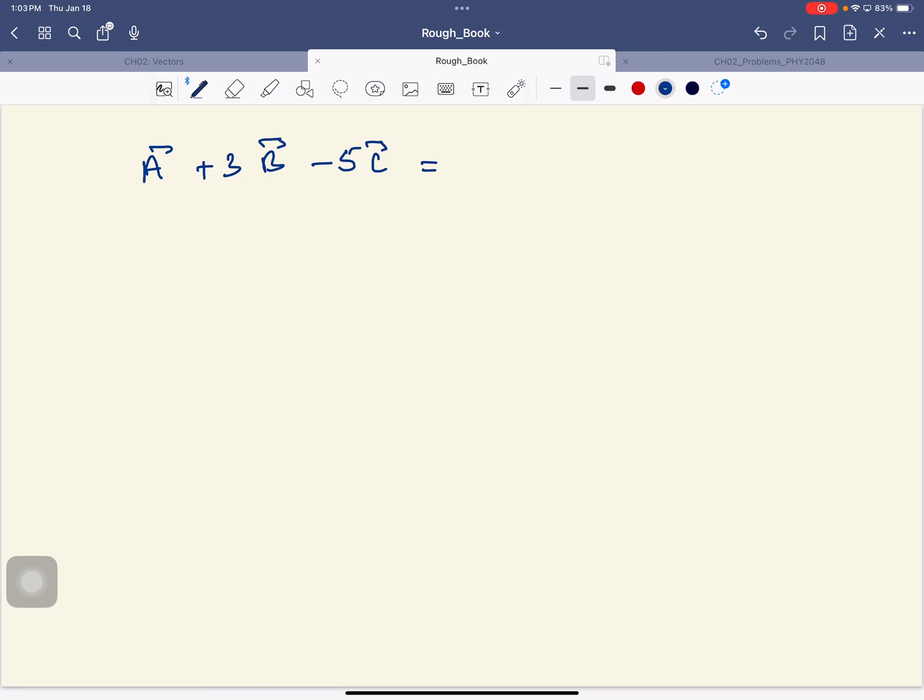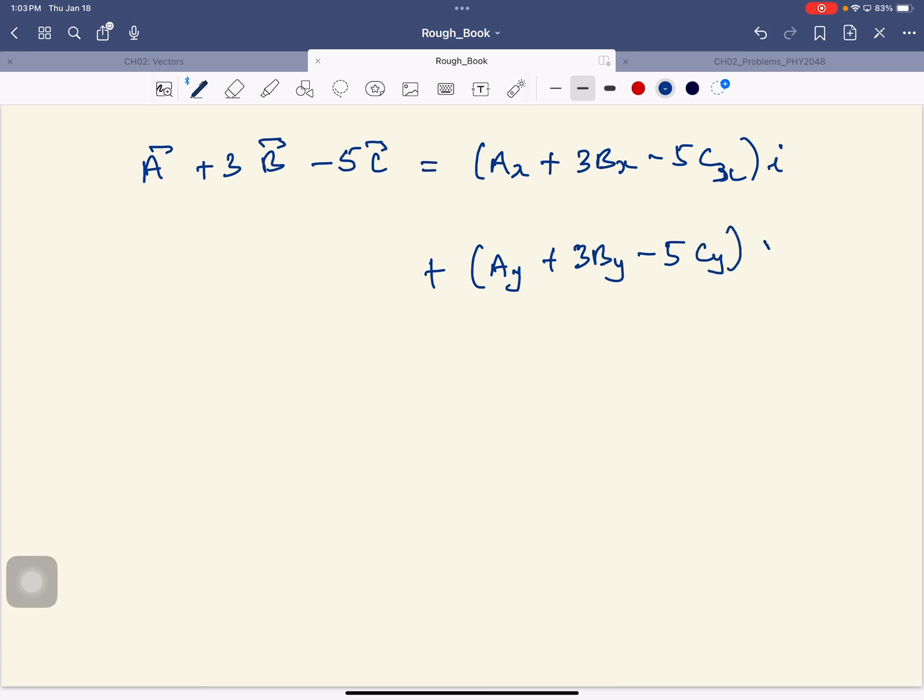This would mean ax plus 3bx minus 5cx i, plus ay plus 3by minus 5cy j, and if it has a z component, az plus 3bz minus 5cz.